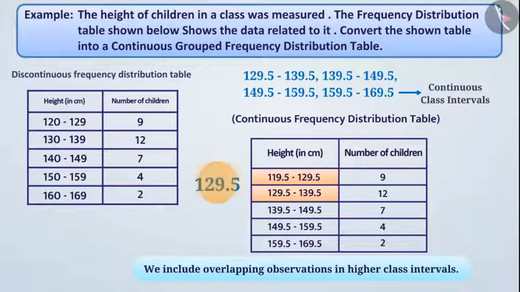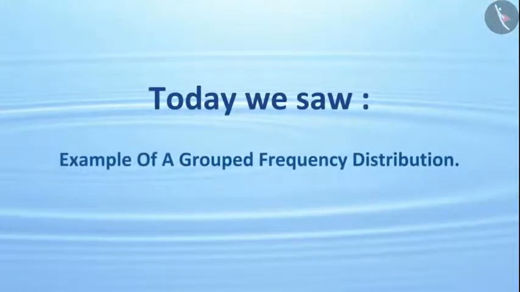So the number 129.5 will be included in the class interval 129.5 to 139.5. Today, we saw an example of a grouped frequency distribution. In the next video, we will see some more examples related to this.